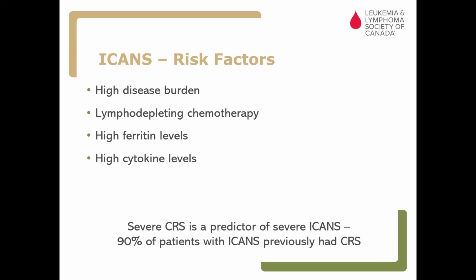So severe CRS is actually a predictor of the development of severe or higher grades of ICANS. And a study has shown that 90% of patients that develop ICANS previously had some grade of CRS.